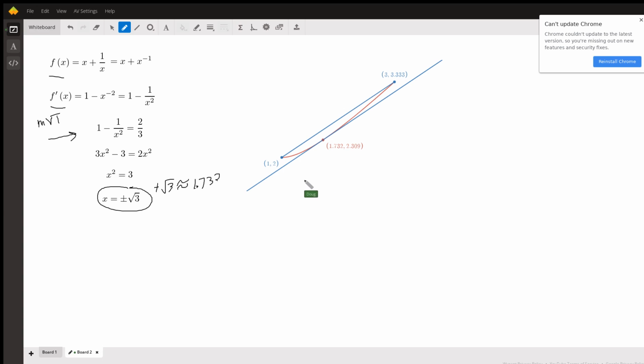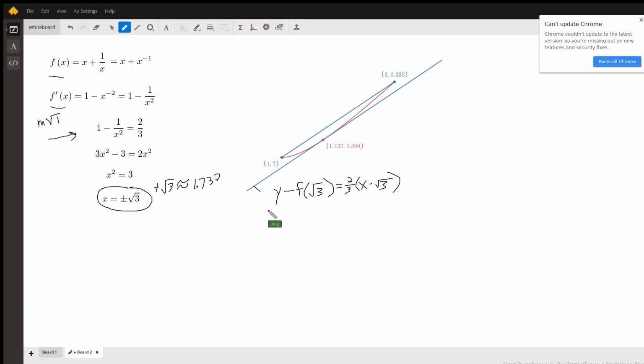And the equation of the tangent line, which I've had drawn right here, is actually, well, the point that it goes through is the square root of 3, f of the square root of 3, using point-slope: y minus f of the square root of 3 equals f prime of the square root of 3, which is actually this 2/3, times x minus the square root of 3.